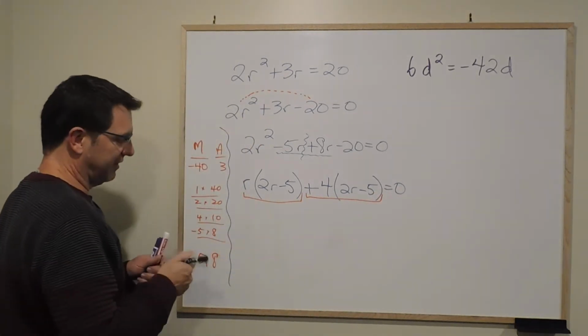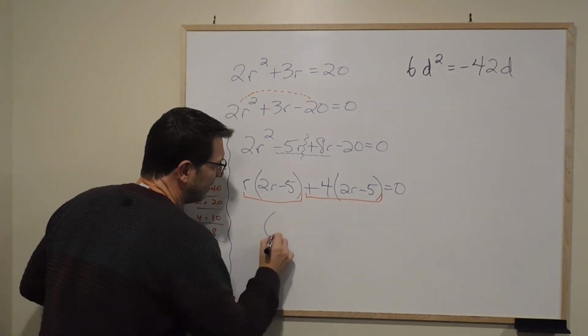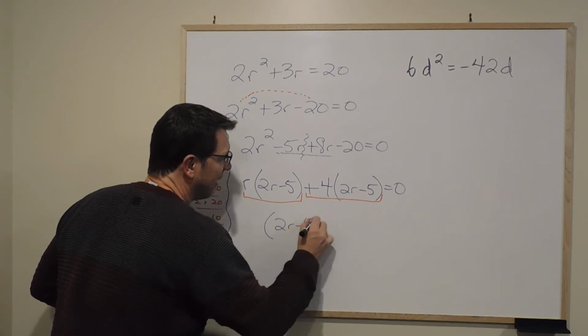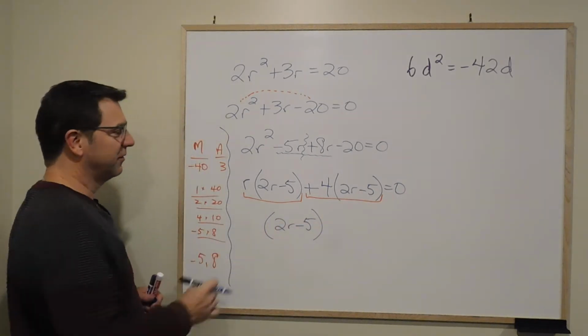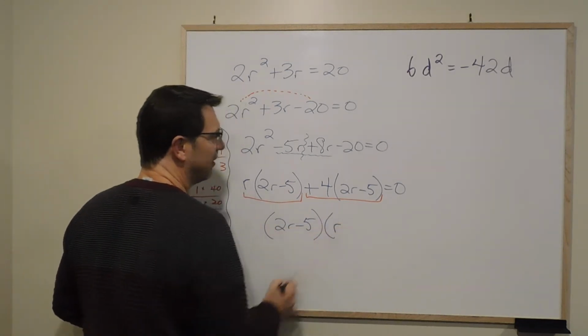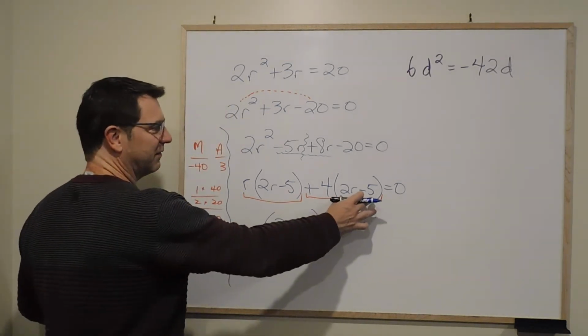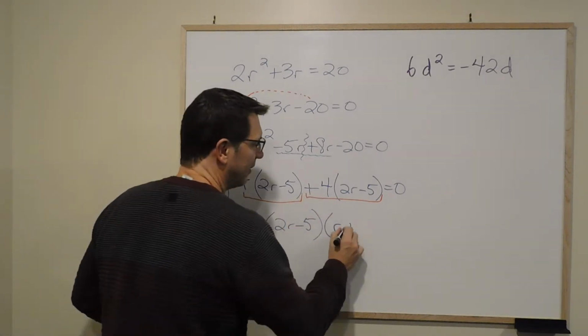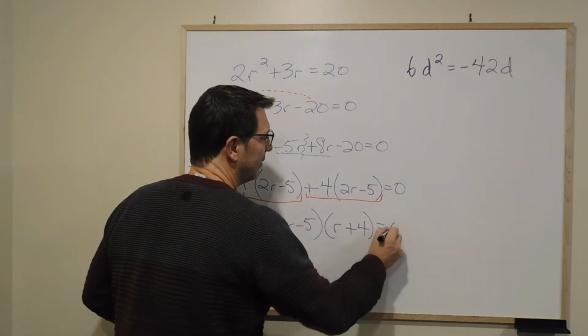When we factor it, we're going to take a 2r minus 5 out of both terms. If I take 2r minus 5 out of this, I'm just left with an r. And if I take 2r minus 5 out of this, I'm just left with a plus 4 equals 0.